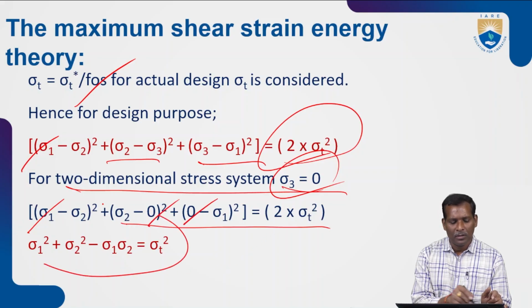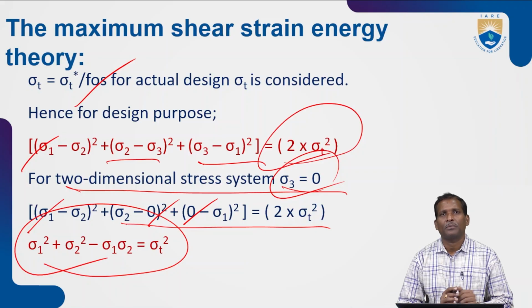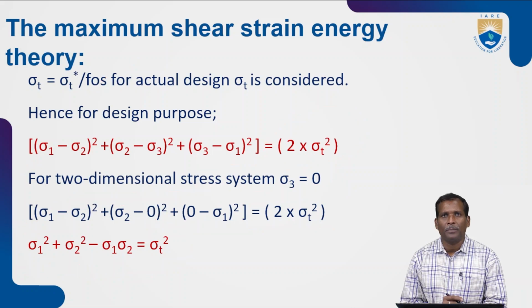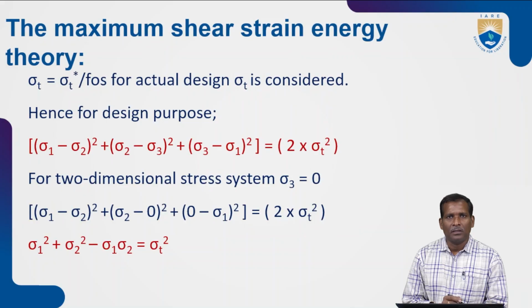So now write the equation: sigma 1 square plus sigma 2 square minus sigma 1 sigma 2 is equal to sigma t square. This is the design equation for the two-dimensional stress system. Clear?